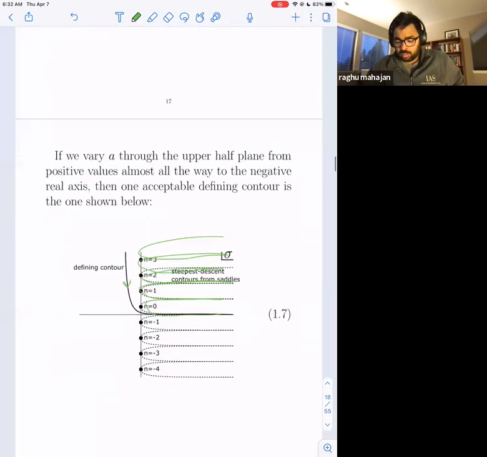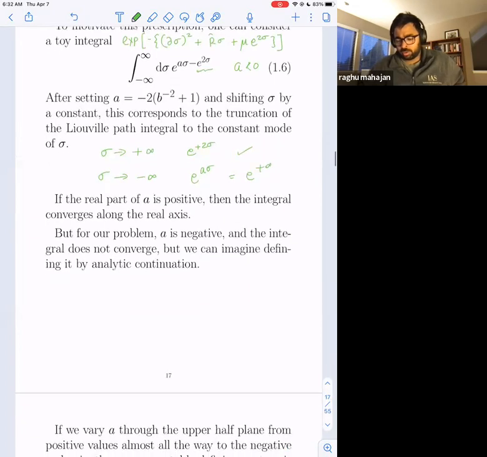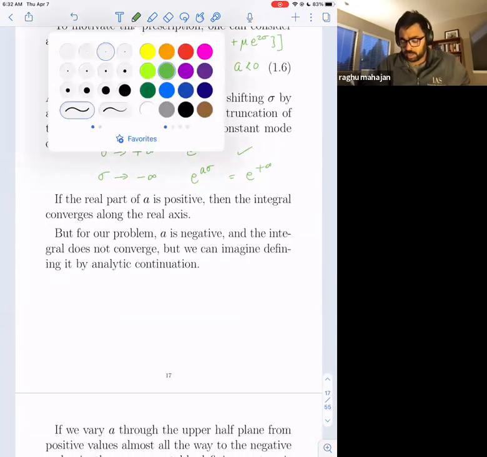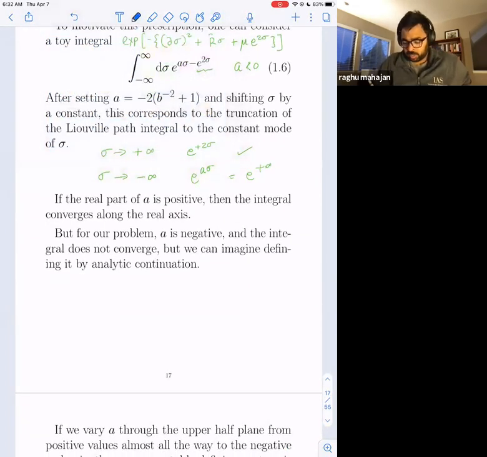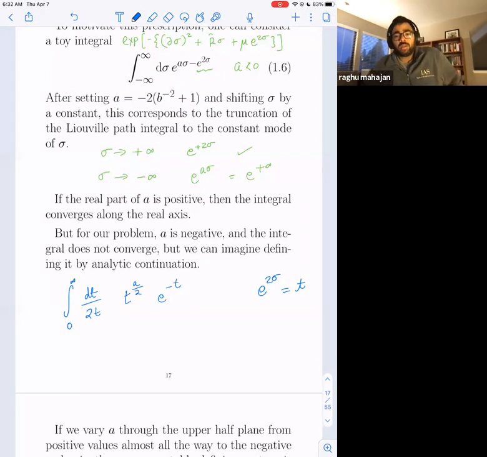And this might seem surprising, but I want to say that it's not that surprising, because let's make a variable change in this integral, which is e to the 2 sigma equals t. So then we get an integral from 0 to infinity dt over 2t, t to the a over 2 e to the negative t, right?